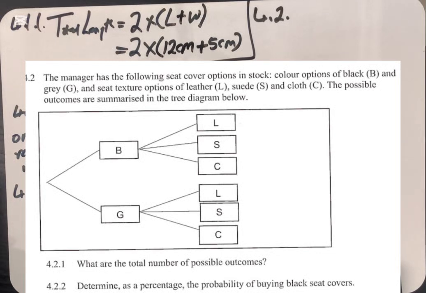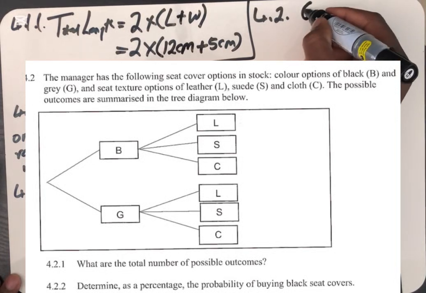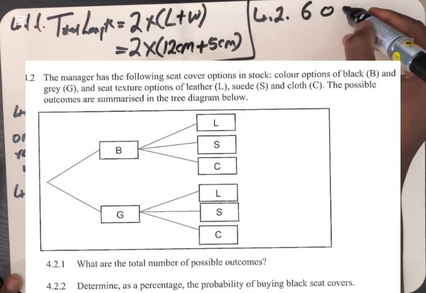Colors, only 2, black or gray, which black represented by B, gray represented by G. But for the textures, it's 3. We have L, S, C. What is the total number of possible outcomes? Possible outcomes here we can see that is 1, 2, 3, 4, 5, 6. The outcomes are going to be 6.